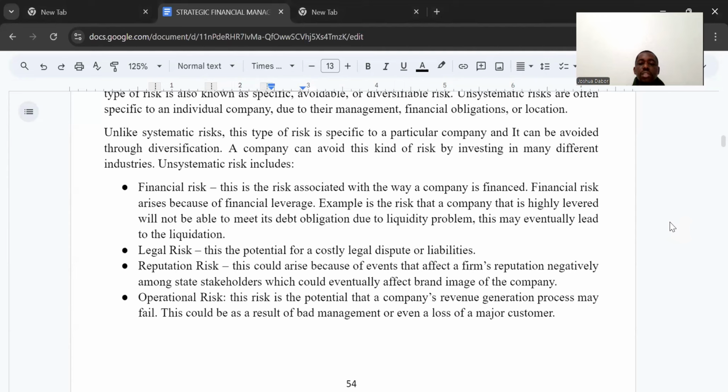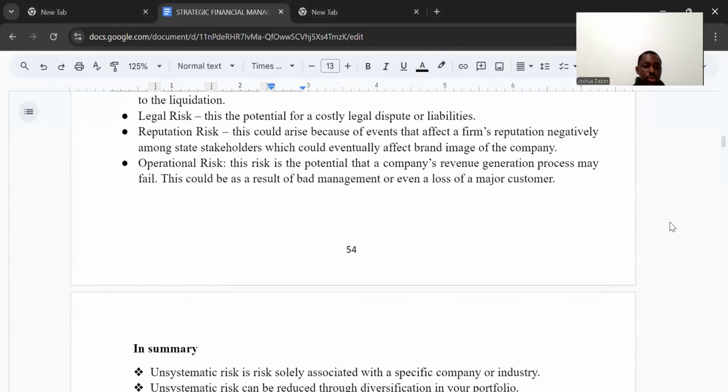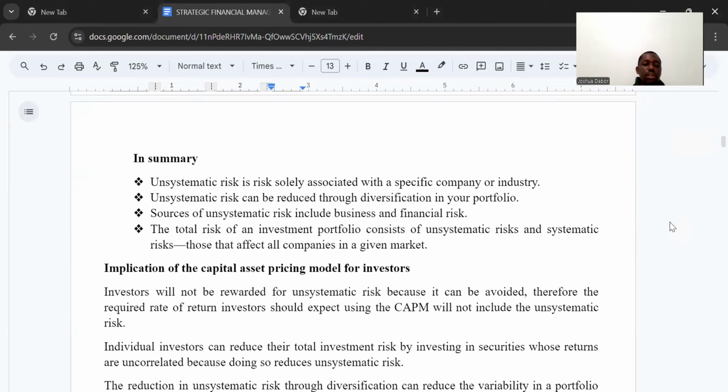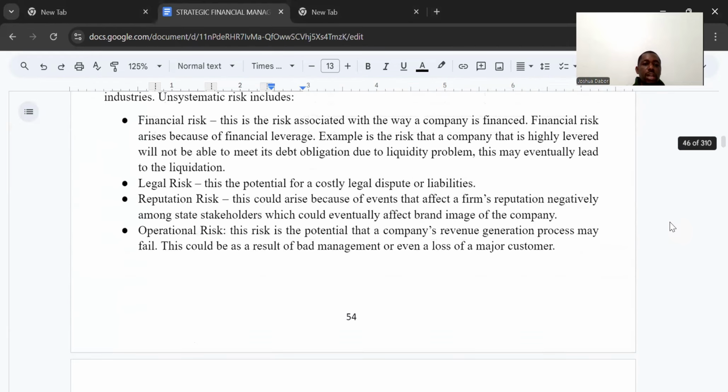This is the risk associated with the way a company is financed. Financial risk arises because of what? Financial leverage. The moment you borrow money, financial risk increases. We have legal risk, reputation risk, and operational risk. All of these put together are known as types of unsystematic risk.